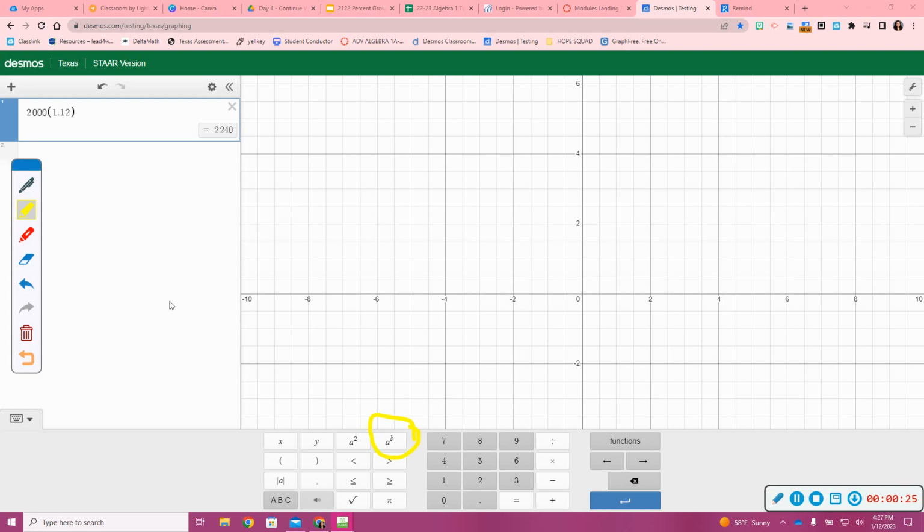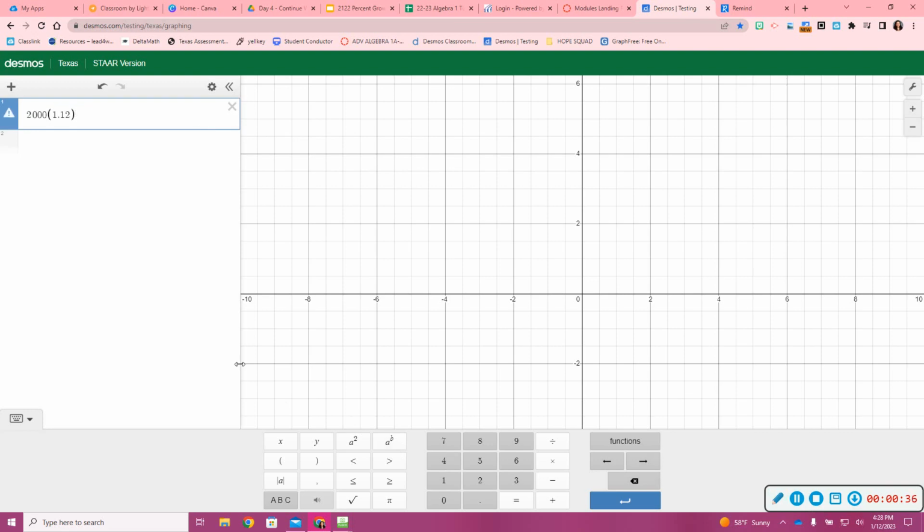This is the key you're going to press. So if I press that key, that brings it up, and then I do 6. And it gives me the exact same answer I had on my calculator.